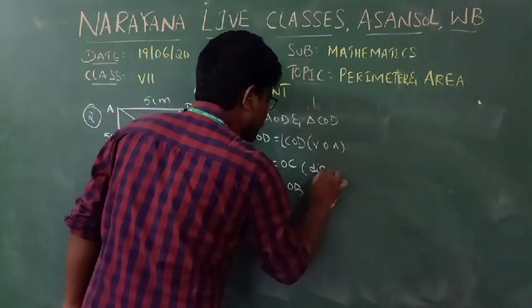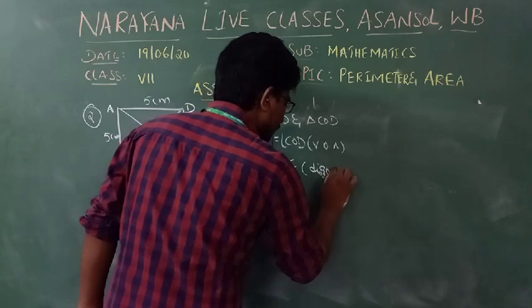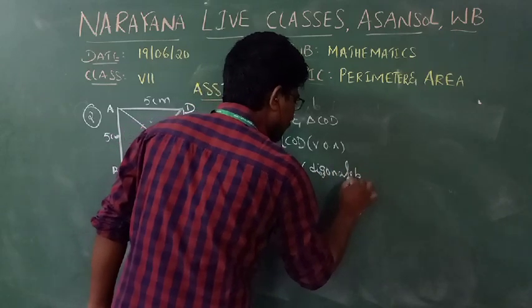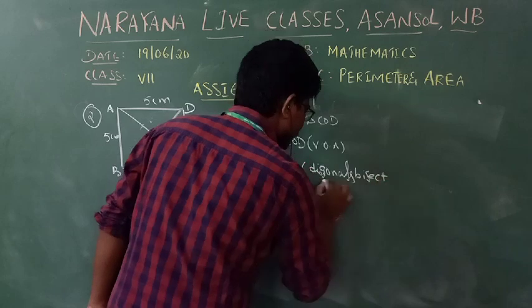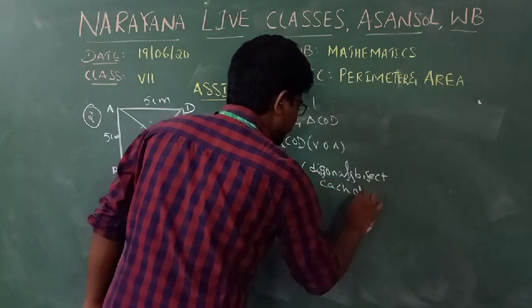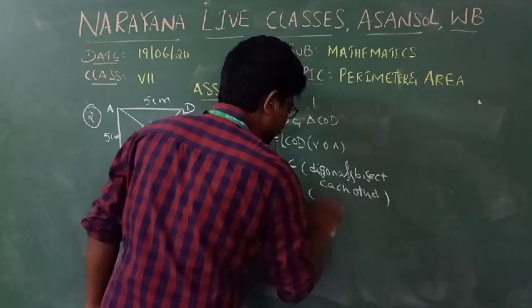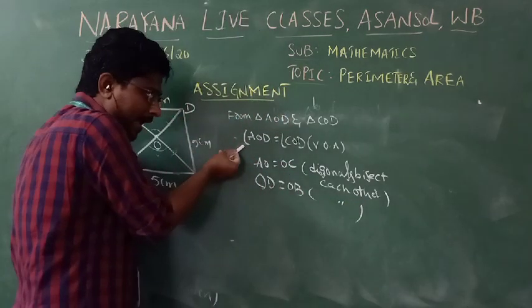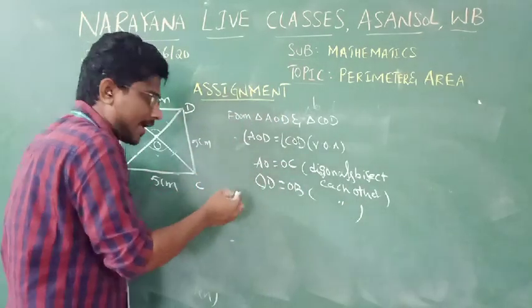Diagonals bisect each other. Here also. Now see here, it is an angle, it is a side, it is a side.